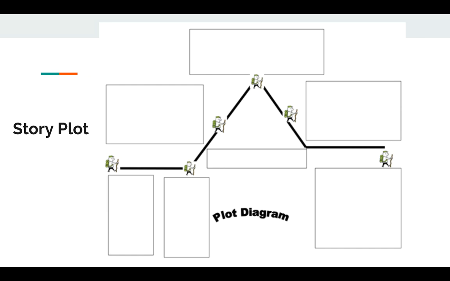Then as I start going up my mountain, our next part of the story plot is all of the events that are building on each other. Hopefully you're able to come up with rising action.